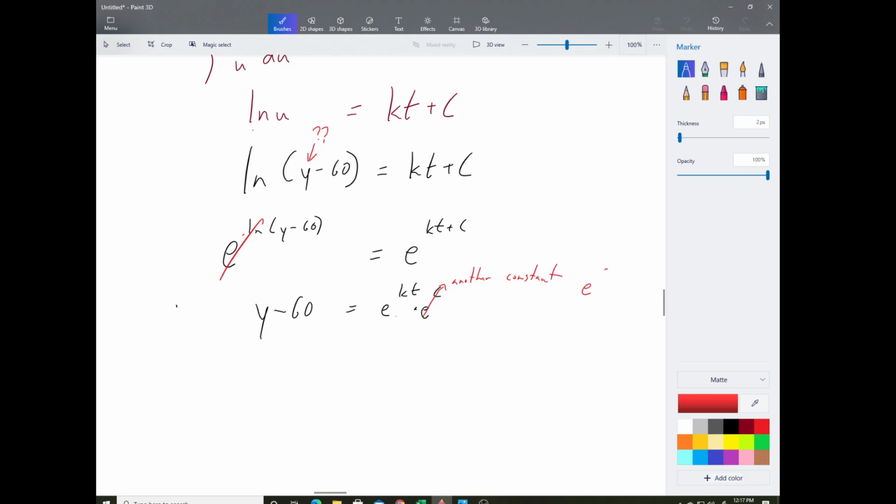So if I think of it as e to the c1, that's going to equal c2, which is, again, just a constant. It is a legal move to say that that's a constant and to put that out in front, like we did earlier. And we just have one step left. Just have to move 60 to the other side.